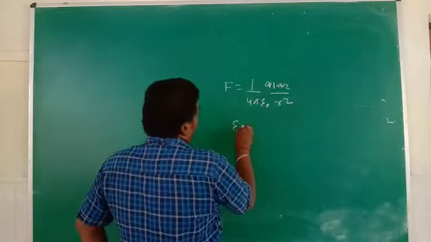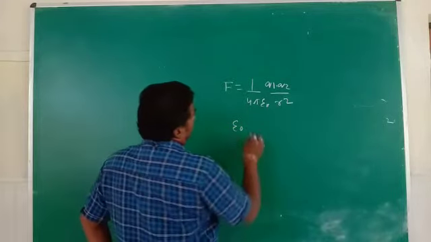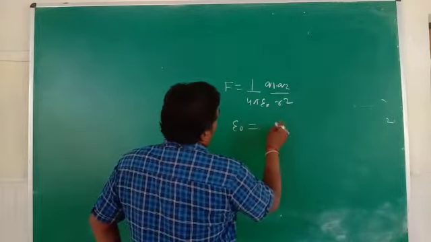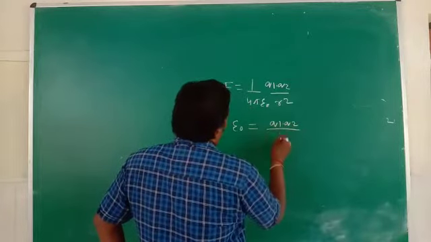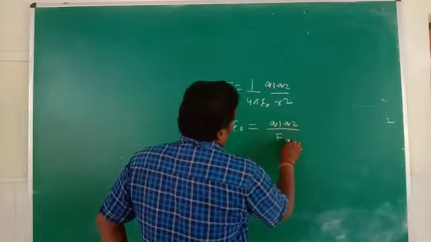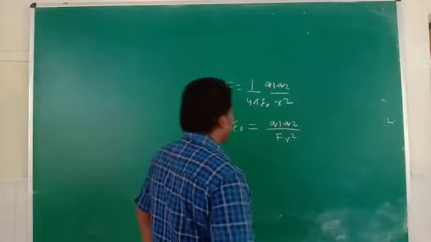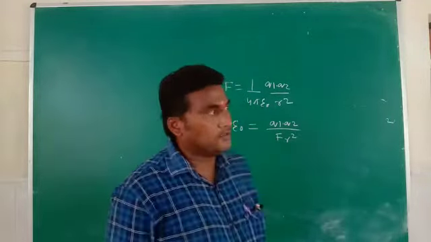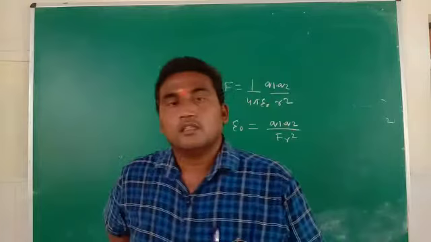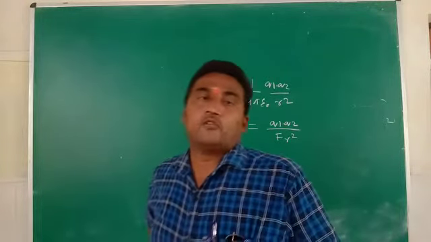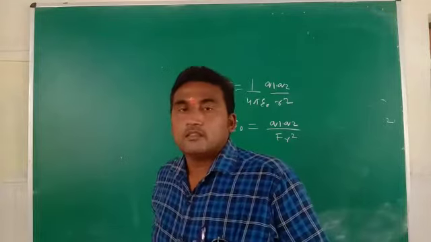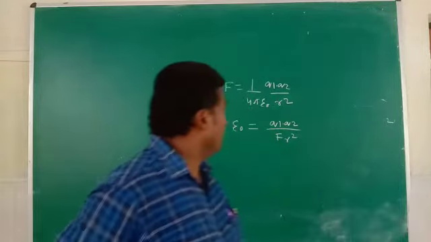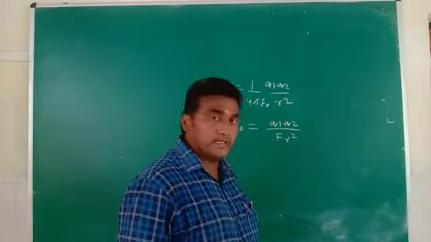The value of epsilon naught is equal to q1 q2 upon F r square. Epsilon naught is generally useful in Coulomb's law, and its value is 8.85 into 10 power minus 12 Coulomb square upon Newton meter square.